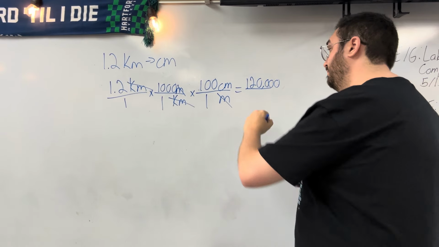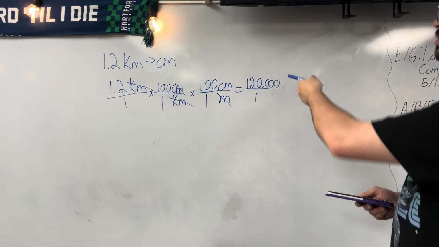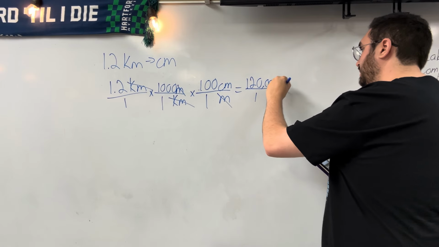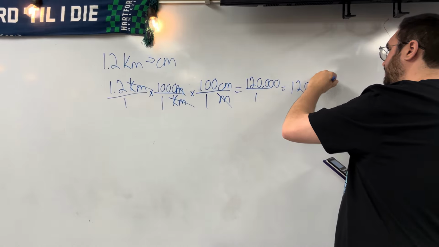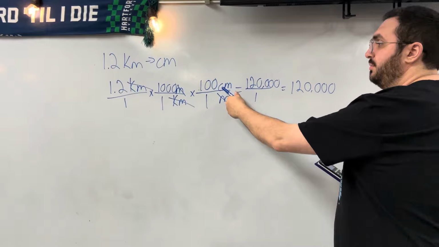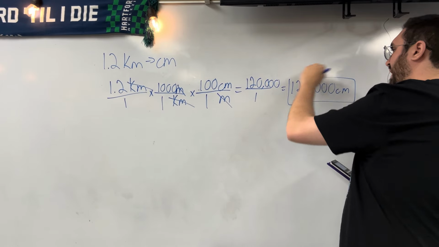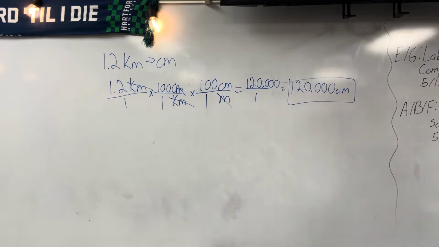That's just 1. Easy peasy. 120,000 divided by 1 is just 120,000. So my final answer is 120,000. Carry over my unit, in this case centimeters. Put a box around it. You're done. Okay? So I can now prove that there are 120,000 centimeters in 1.2 kilometers.